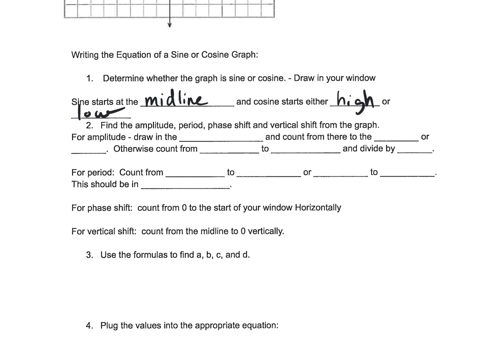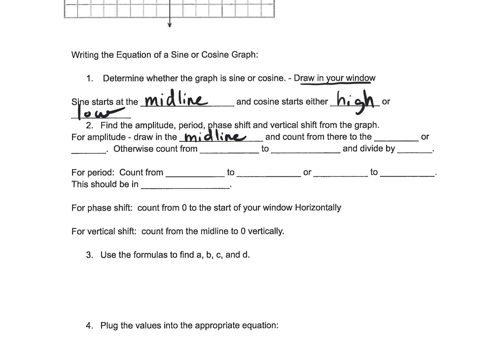So we want to find the amplitude, the period, the phase shift, and the vertical shift from the graph. For the amplitude, we want to draw in the midline. In other words, you're going to draw in your window. Notice the first thing it said was draw in your window. If you're starting at the midline, you want to draw up to the peak, down to the valley, and go until you start the pattern all over again. Once you get that window in, all the rest of this is going to fall out, isn't it?